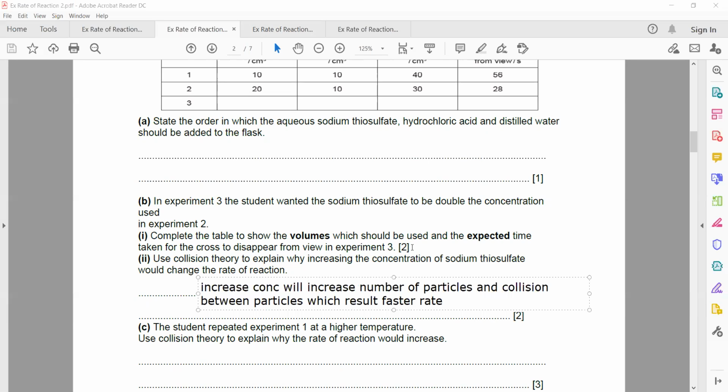A student repeated the experiment at a higher temperature. Using collision theory, why will the rate increase as we increase the temperature? So an increase in temperature increases the kinetic energy or speed of the particles.